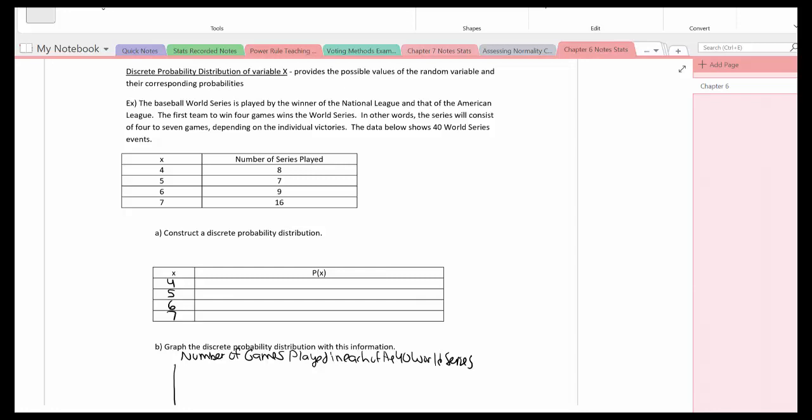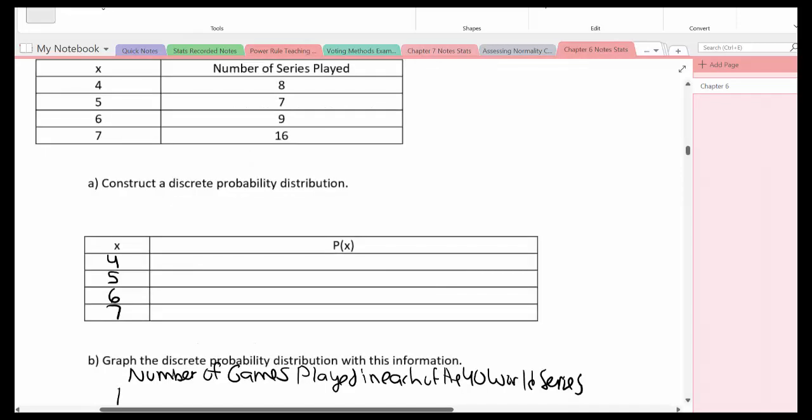Okay, so now let's construct a discrete probability distribution. With 4 games, we know it's 8 out of 40 total World Series events. That simplifies to 1/5, and that decimal is 2/10.